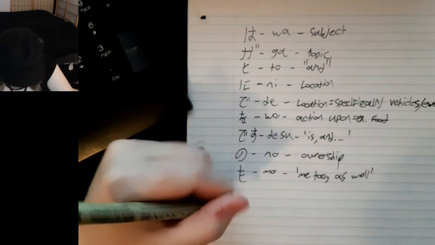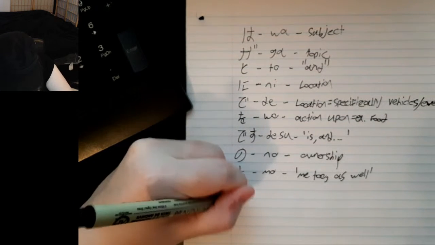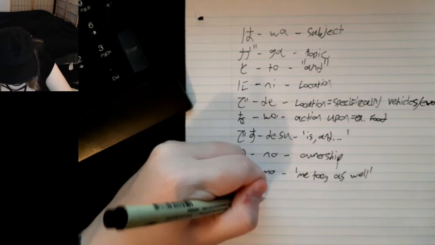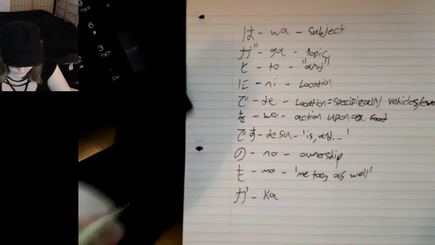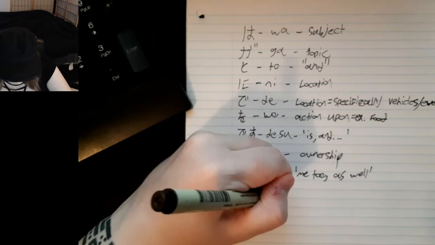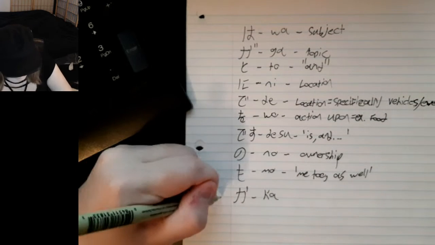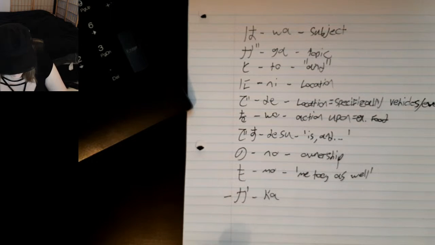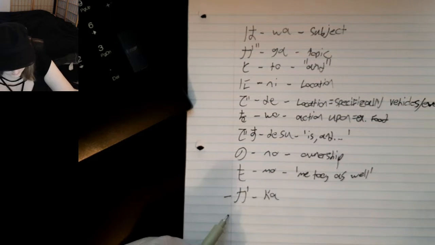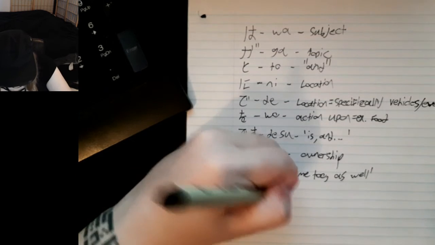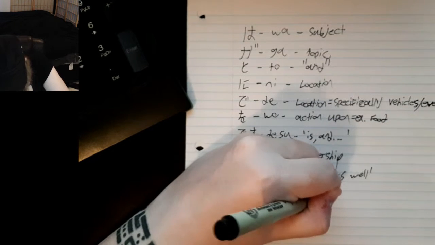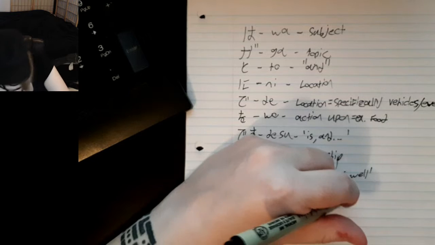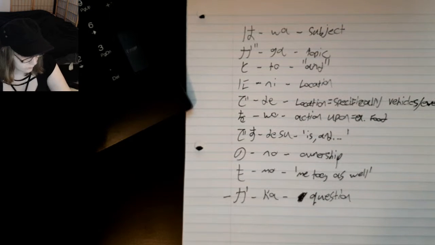Oh, yeah, ka. Ka's important. Ka has to do with two things. When used at the end of a sentence, it means a question.